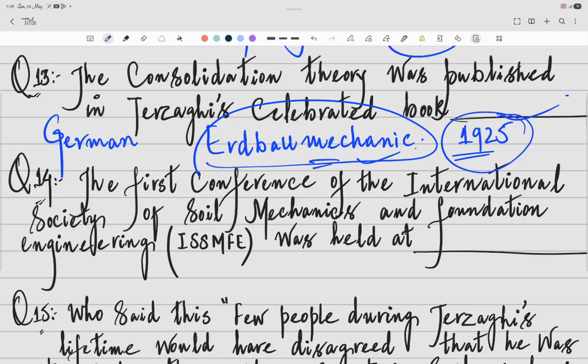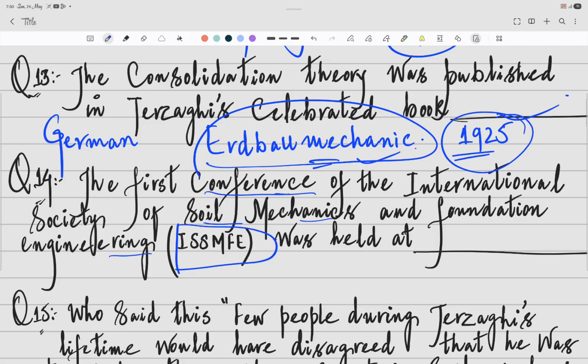The question is: the International Society of Soil Mechanics and Foundation Engineering, known as ISSMFE, was held at.